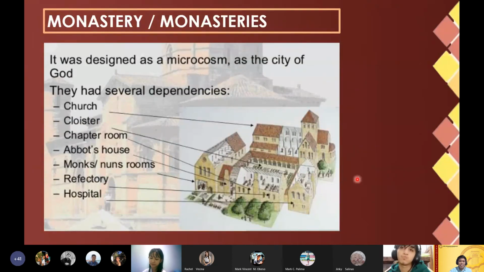For example, here, this is what you call a monastery. It has the church itself, the abbot's house, the monks' quarters, or the convent for the nuns, right? There is even a hospital. So it is called a monastery.